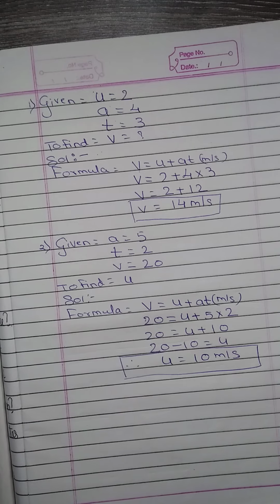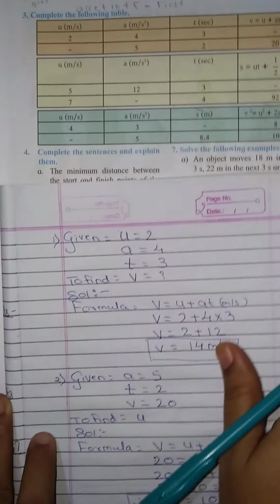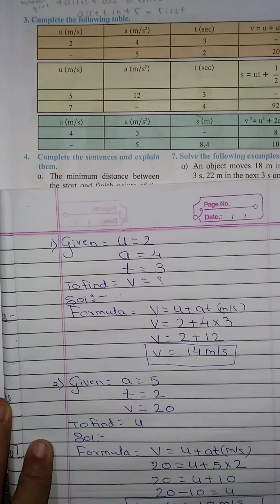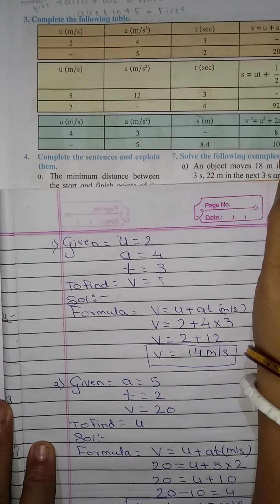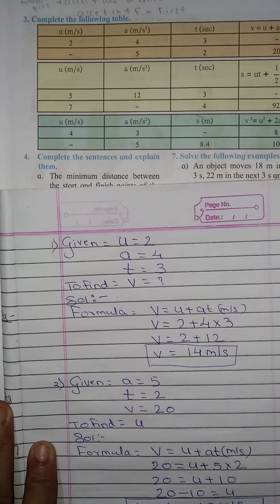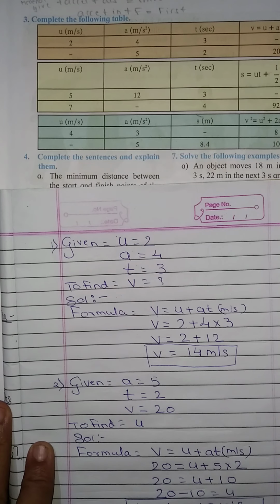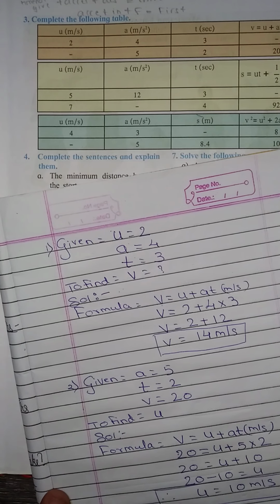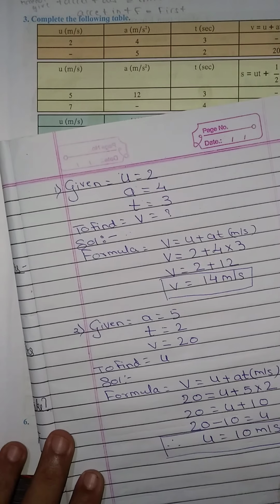Got it, student? Now, we will go for the third sum. In the third sum, same method, but the formula is different. Which is this formula? This is Newton's second law. Formula of Newton's second law, and this was Newton's first law. Okay.